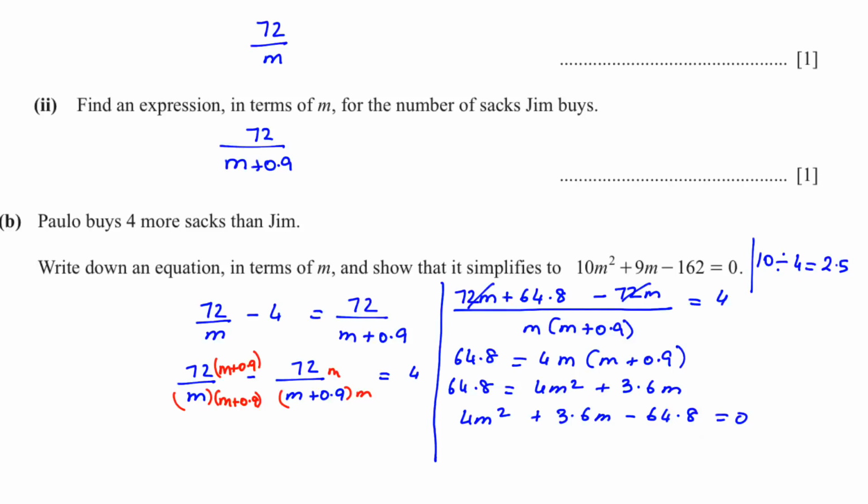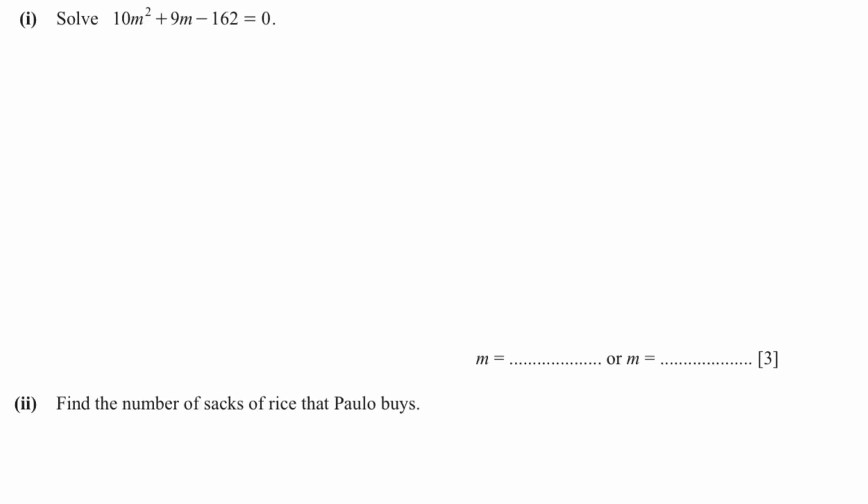So that tells us that we have to multiply this equation by 2.5. So 4 multiplied by 2.5 will give you 10m square. 3.6 multiplied by 2.5 will give you 9m. And negative 64.8 multiplied by 2.5 will give you 162. So that's how we simplified it and showed what they asked us to do.